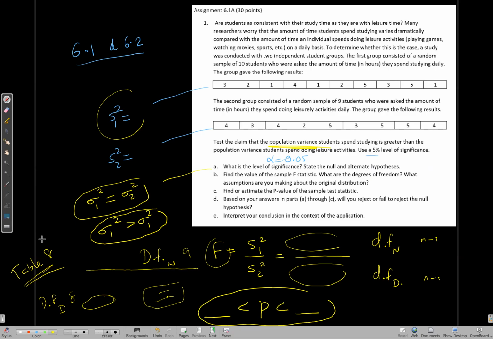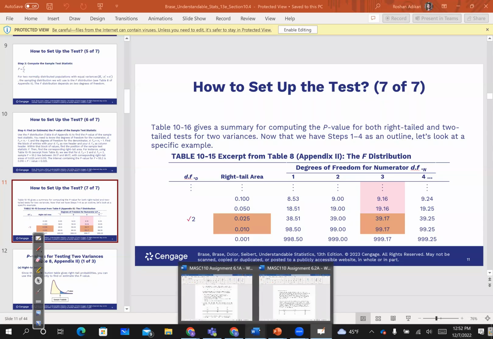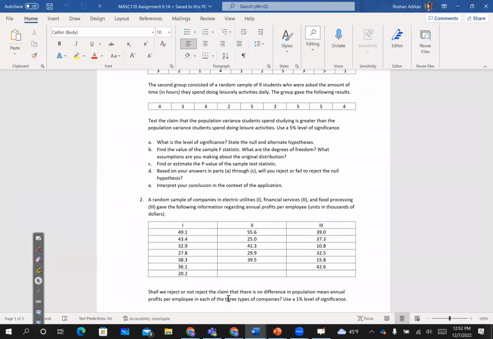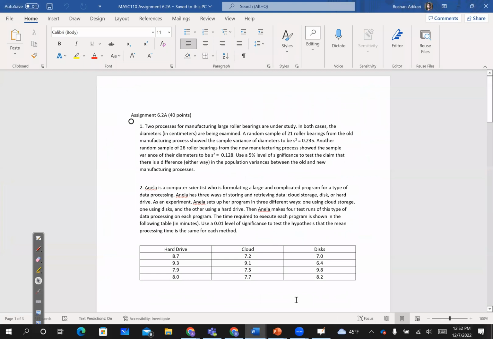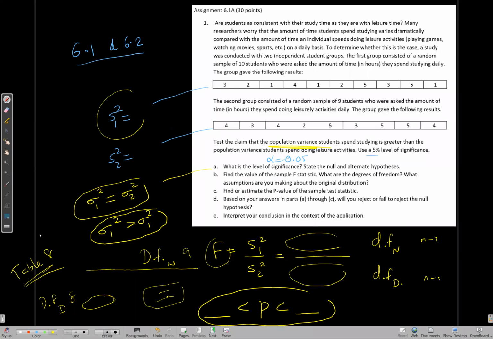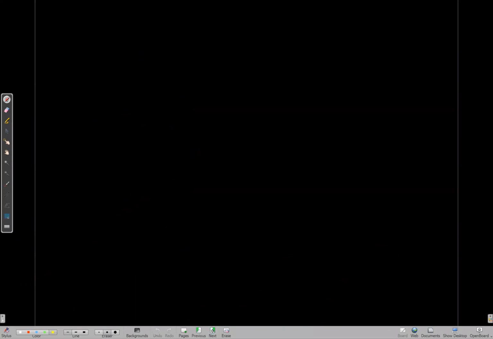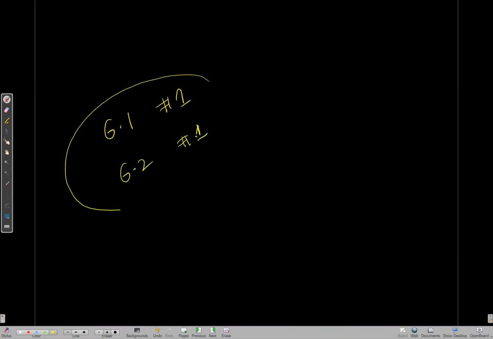And also at this point, I would like to tell you that 6.2 problem 1 is the same as this. So let me make a note. 6.1 problem number 1 and 6.2 problem number 1 are the same.